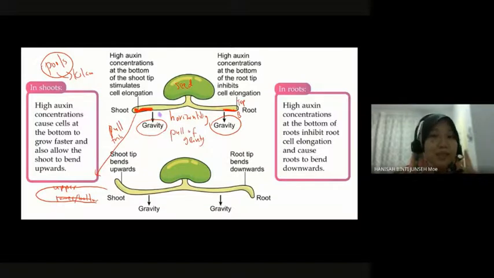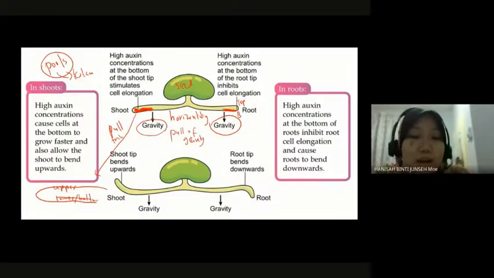But kita sudah belajar tadi, high concentration of auxin causes the cell elongation at the shoot. Tapi high concentration of auxin will inhibit the cell elongation at the root. Okay, that is why the shoot will bend upwards.